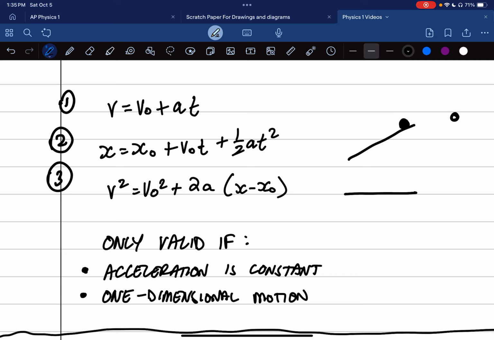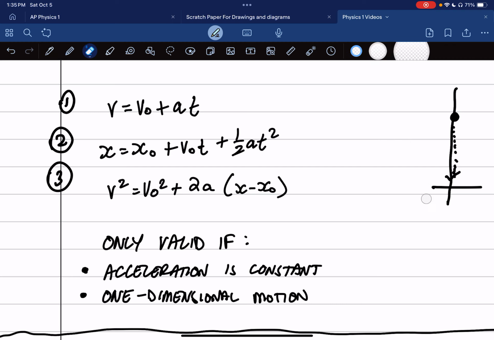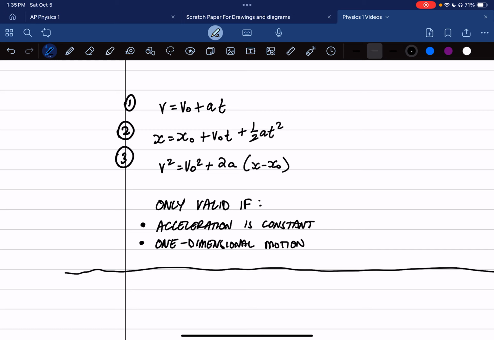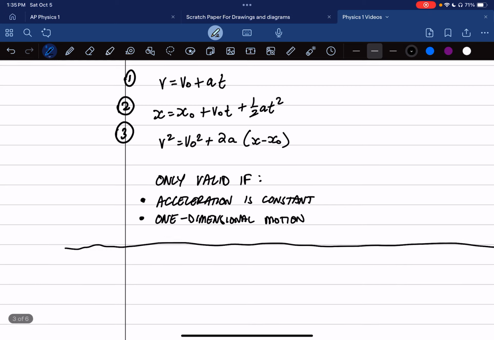And even an object that's falling through the air, which will happen later, is one-dimensional. It's just going in a straight line. If the object is not going in a straight line, then these equations do not apply. And if the acceleration is not constant, then these equations do not apply.